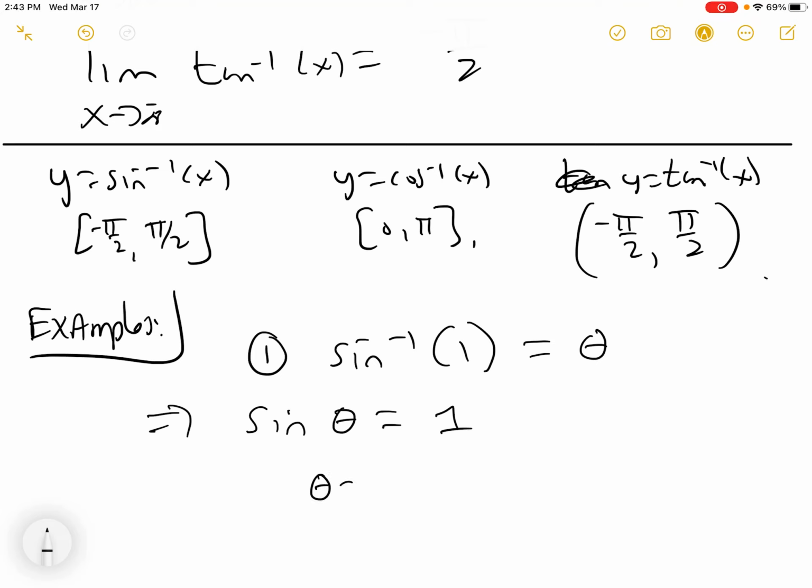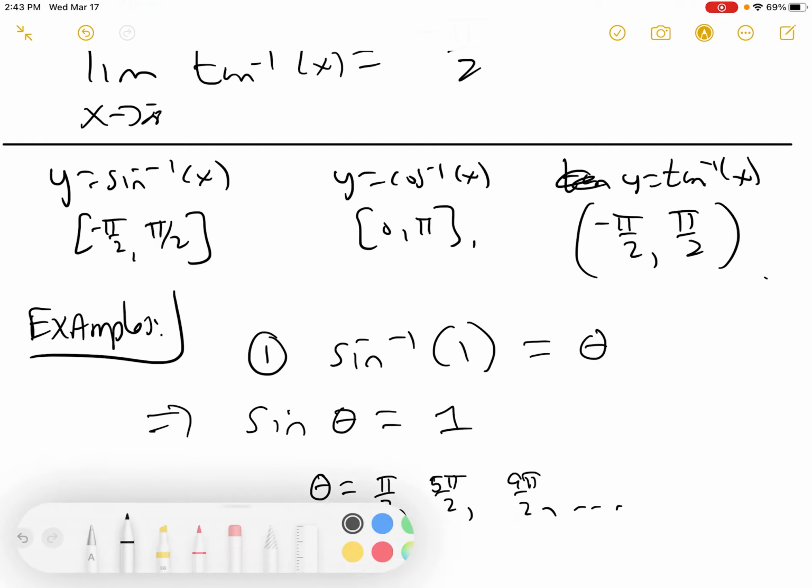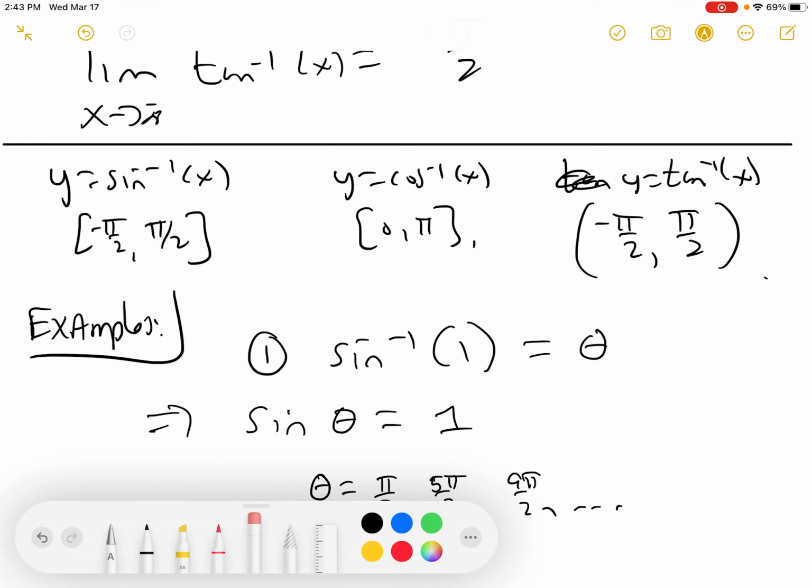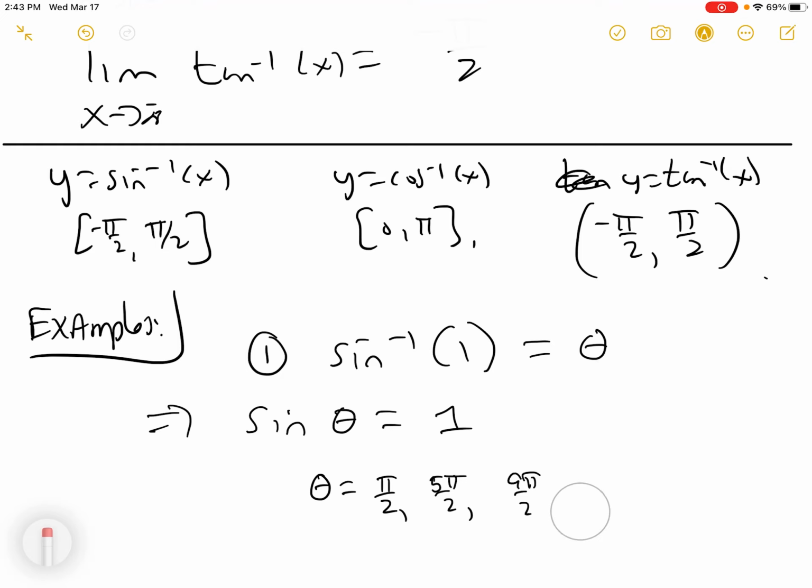And theta could be pi over 2, 5 pi over 2, 9 pi over 2, right? It could be any one of these, but because of our restricted domain, we know it has to be one and only one answer, and that's pi over 2.